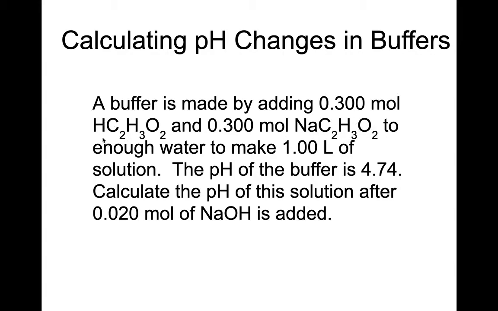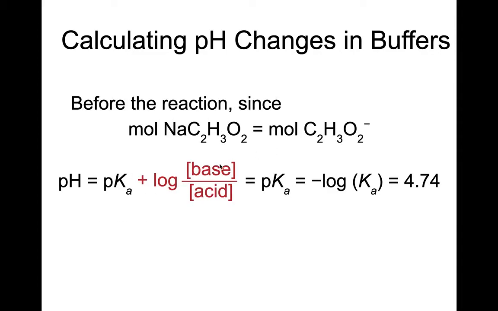That is the conjugate base of acetic acid. And like we said, we know we have 0.3 moles of that because this completely dissociates. Now we also know that we added 0.3 moles of acetic acid. In other words, our acid and conjugate base concentrations are equal.